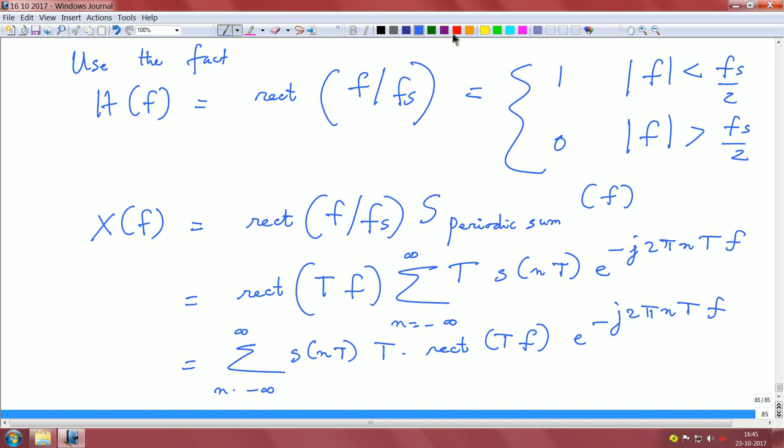Looks really messy at this stage. It looks right. I am just folding this constant inside the summation. Now, look into this. It is basically the Fourier transform of sinc of (t minus nT) by T.